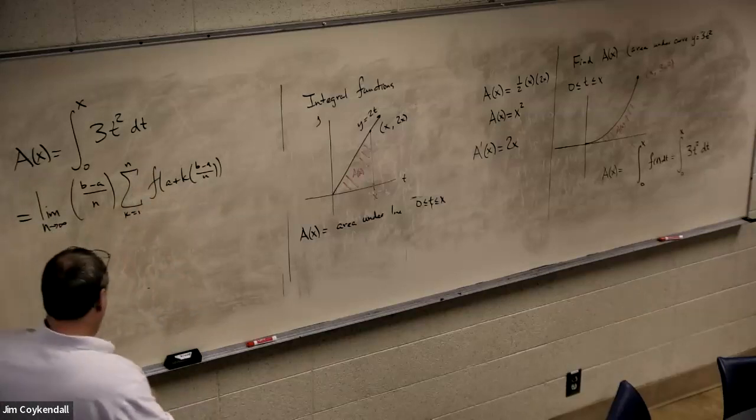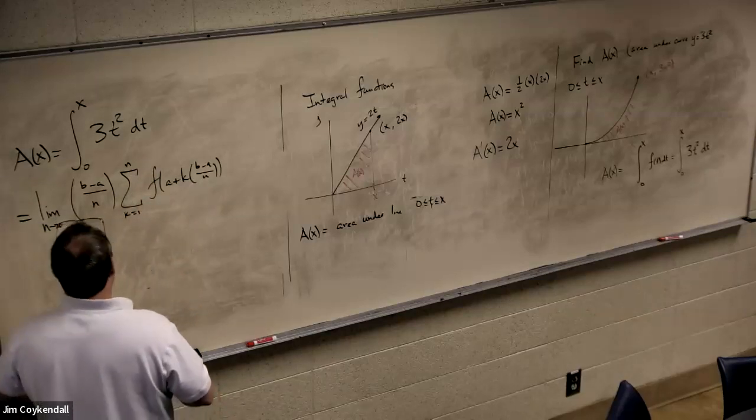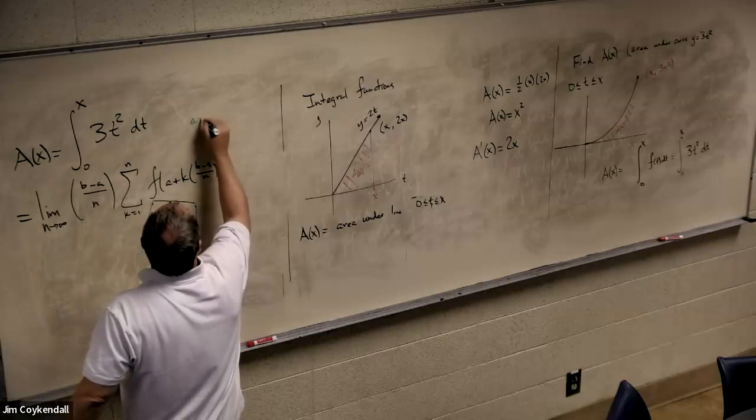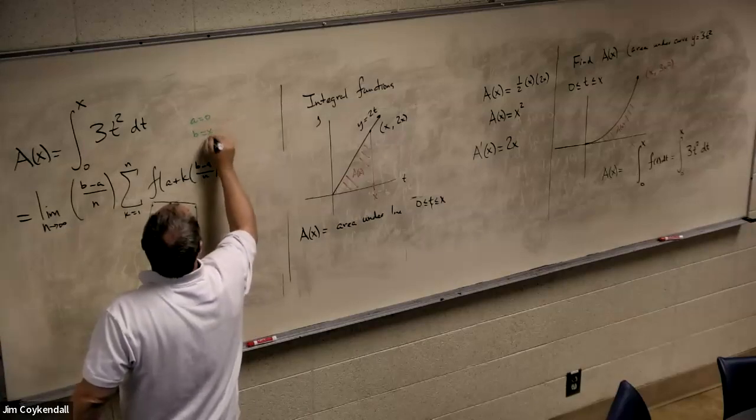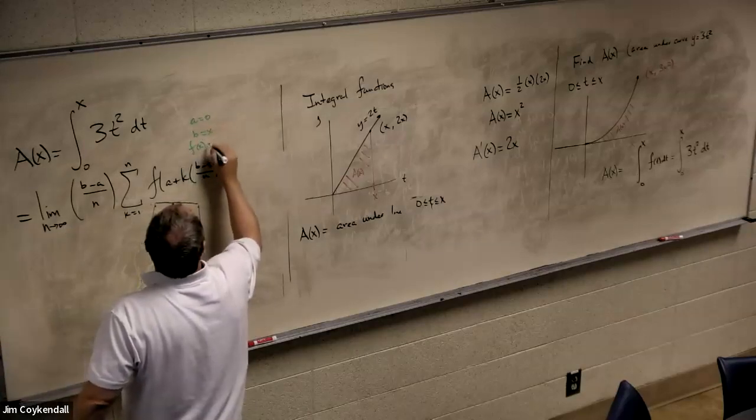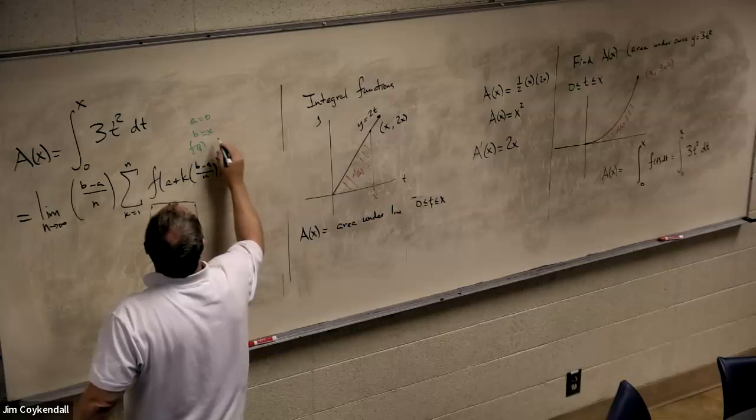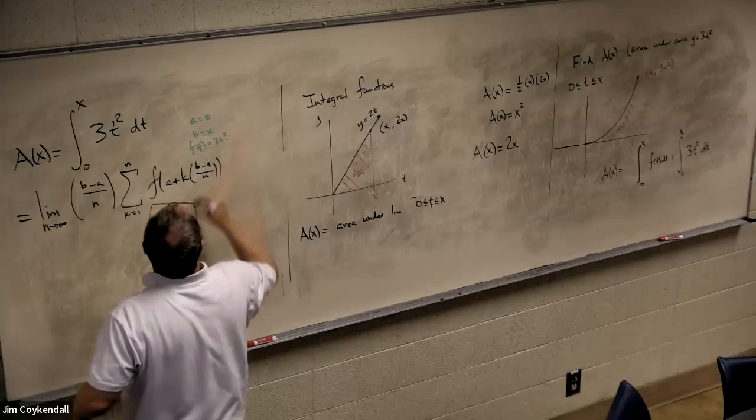And here my players are a equals 0, b equals x, and f of t, in this case, is 3t squared.